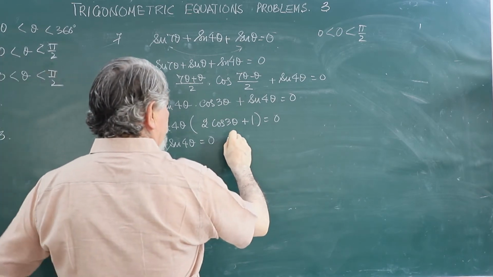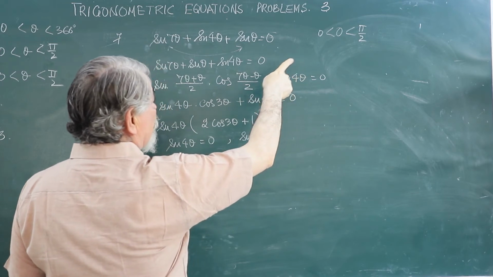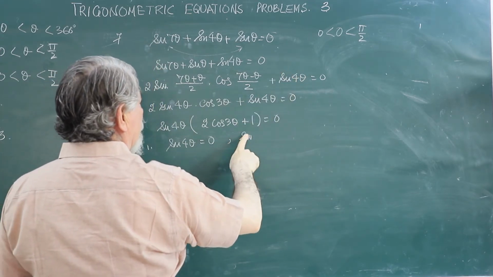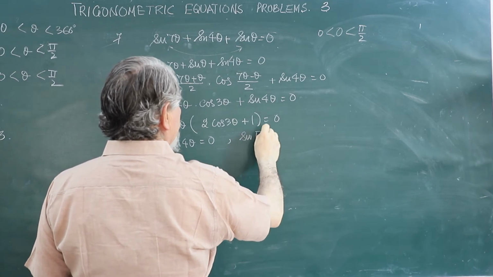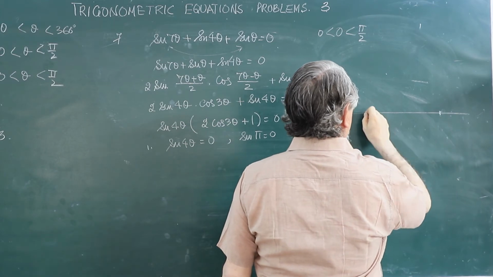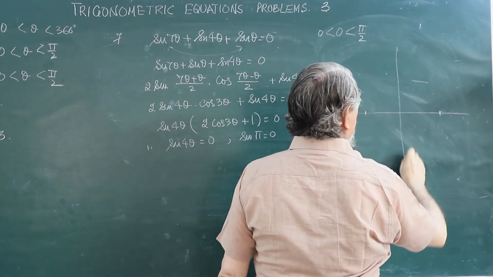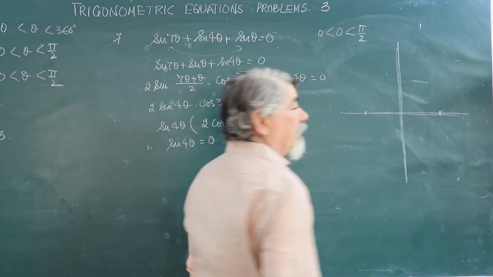So sine 0, theta has to be greater than 0, so I can't take the 0 value. I'll have to take sine pi. Sine pi is also 0. All the values of sine are 0 on the x-axis.